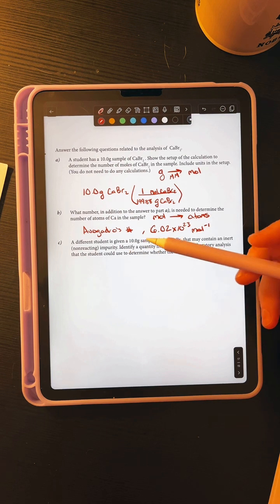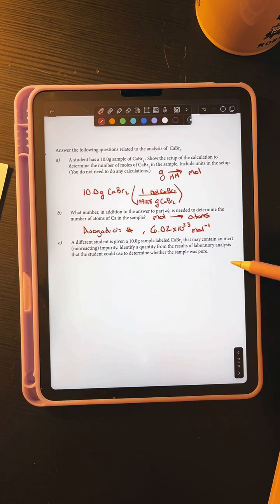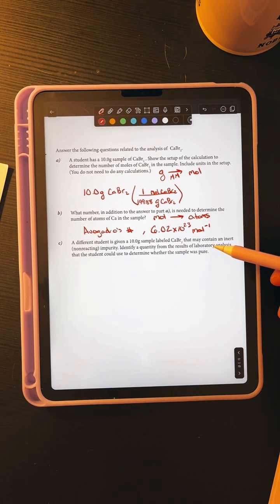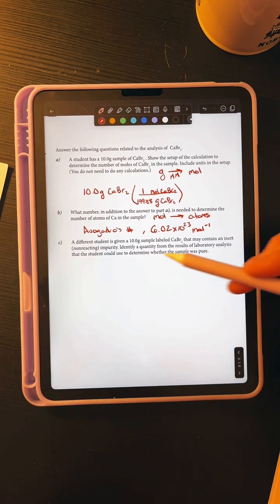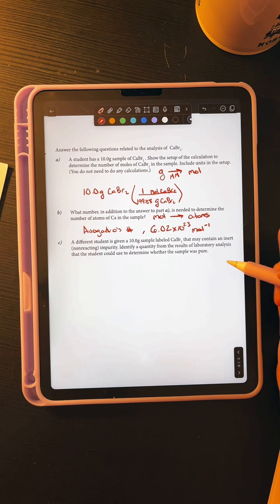And then part C, a different student is given a 10-gram sample labeled calcium bromide that may contain an inert non-reacting impurity. Identify a quantity from the results of laboratory analysis that the student could use to determine whether the sample was pure. So this one's worded very strangely.